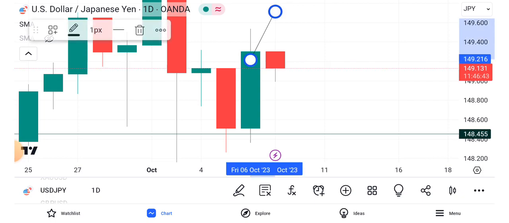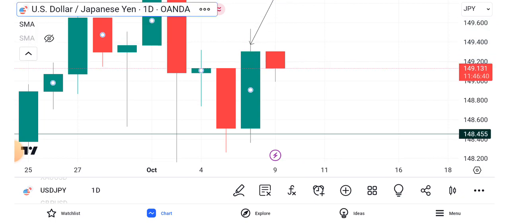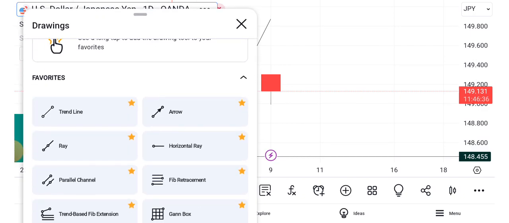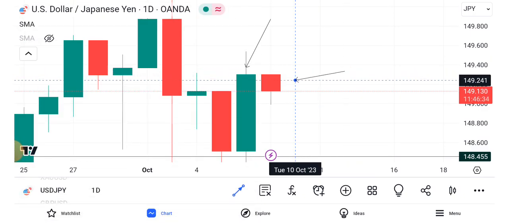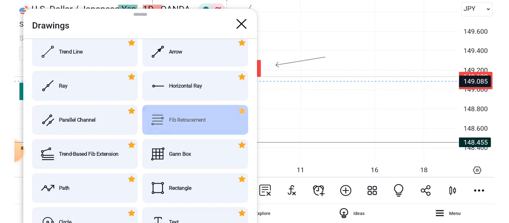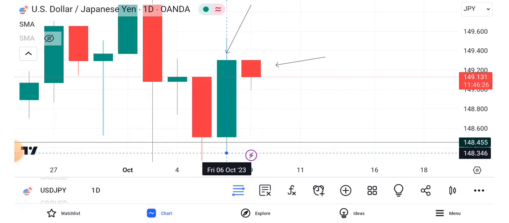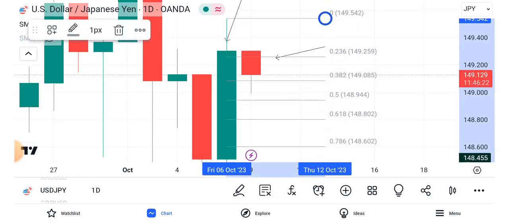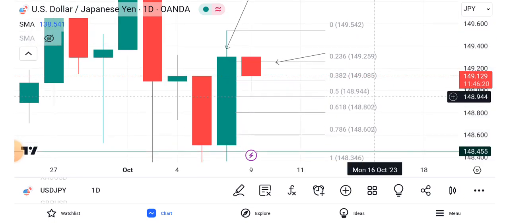Now you see the bearish candle. Should this bearish candle right now break the 0.5 of this our beautiful bullish candle, this is a 0.5. I hope we're seeing the 0.5.